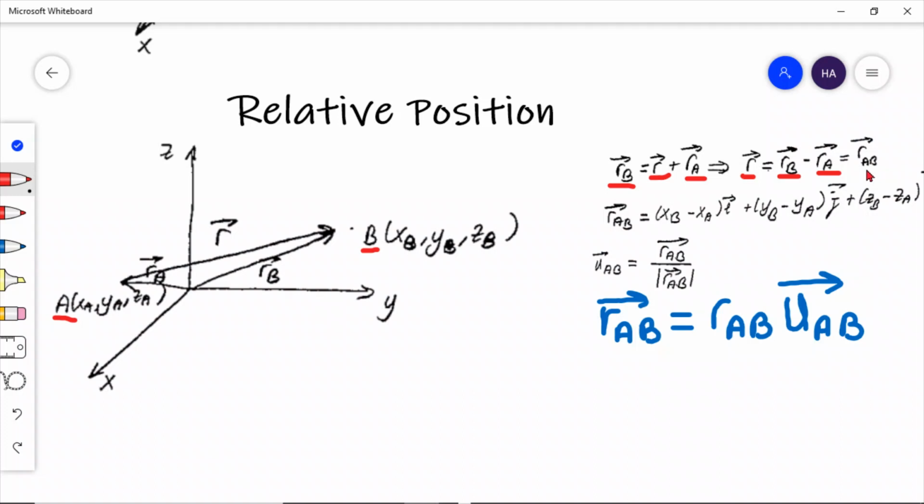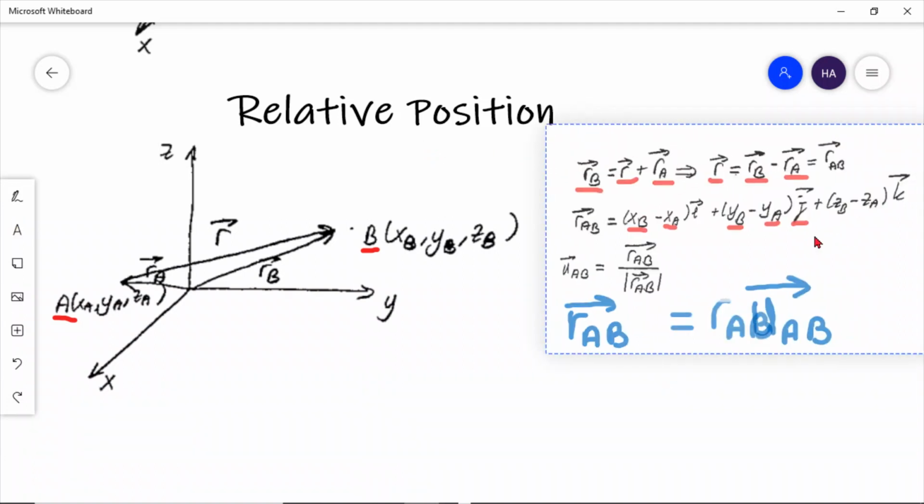So R is a vector from A to B. RAB can be written as (XB minus XA) i, these are the coordinates of object B and object A, these are the X coordinates, plus (YB minus YA) j, plus (ZB minus ZA) k.